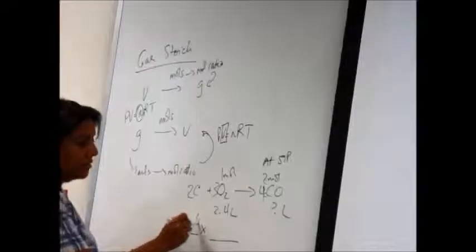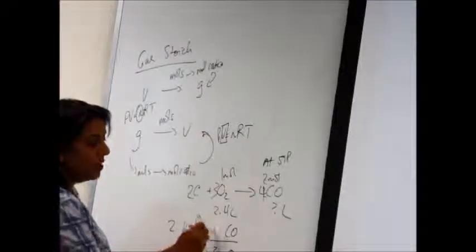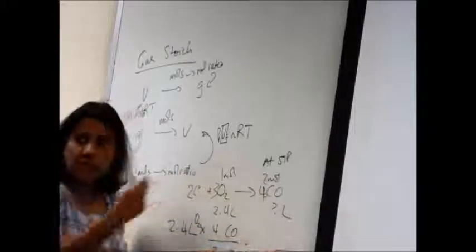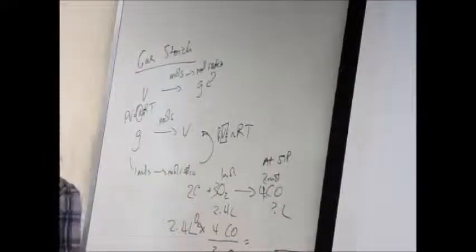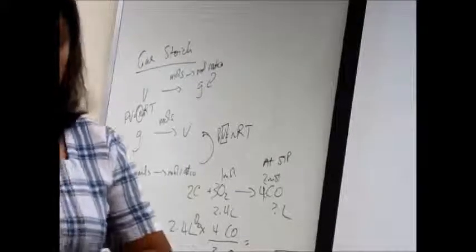This is for oxygen, and you have carbon monoxide here, which is 3 and 4. That's your calculation, but only at STP. So you can take those shortcuts, but get comfortable with it first. Anything else?